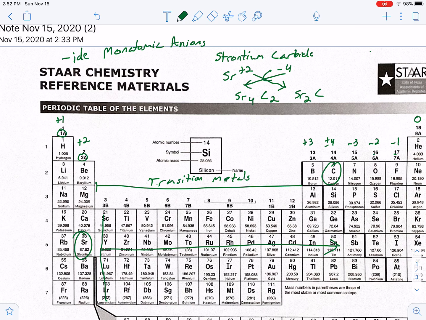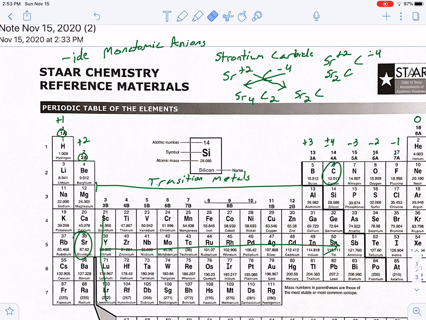The way I look at this is if carbon has a -4 charge and strontium has a +2 charge, I need to get strontium to +4 to balance out. I don't want any more carbons if I don't have to. 2 times +2 gives me +4, which gives me Sr2C. You don't necessarily have to move the big one; carbon is my big one with the -4, and I don't want to make more if I don't have to.